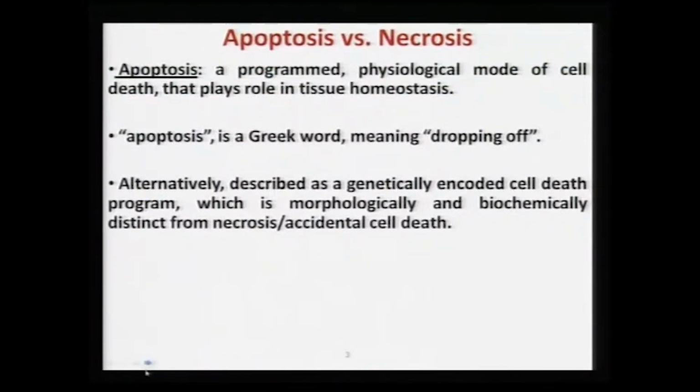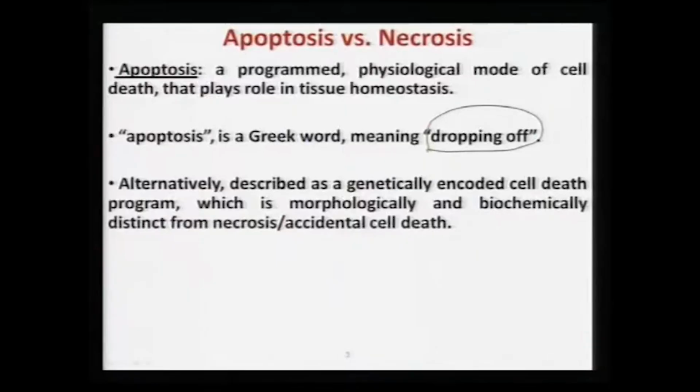Now, apoptosis, like many scientific words, is of Greek origin. This Greek word apoptosis means dropping off. Dropping off means in a particular season you might have seen that all the trees have their leaves dropped off, right. So, these leaves are dropping off from the trees.